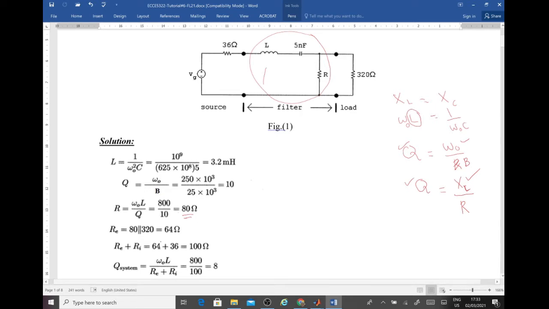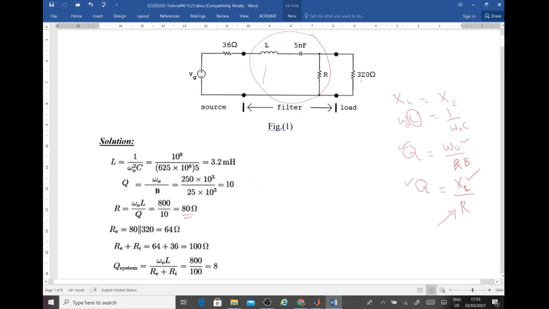Now, to determine the quality factor for the whole system, we need to find what will be the total resistance, because again the quality factor will depend on the resistance. So what will be the total resistance?